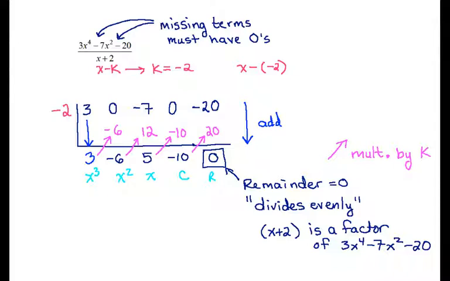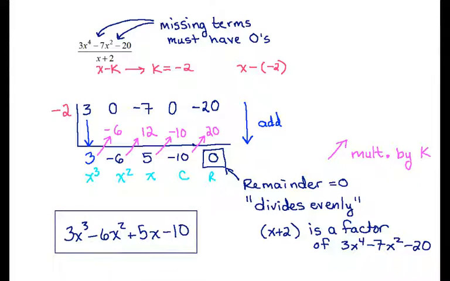So the quotient is 3x cubed minus 6x squared plus 5x minus 10. And there's no need to write plus remainder over divisor if that remainder is 0, since that whole term is going to turn out to just be 0. So this is my quotient, and it's the only thing I need to put in my answer.